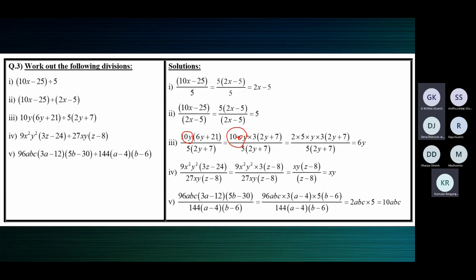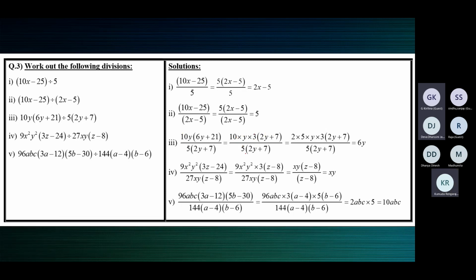Now 6y and 21 have 3 in common. So into 3, meaning the sign is not plus or minus, into 3. Open a bracket. 3 into 2y is 6y, and 3 into plus 7 is plus 21. Divided by the denominator as it is.